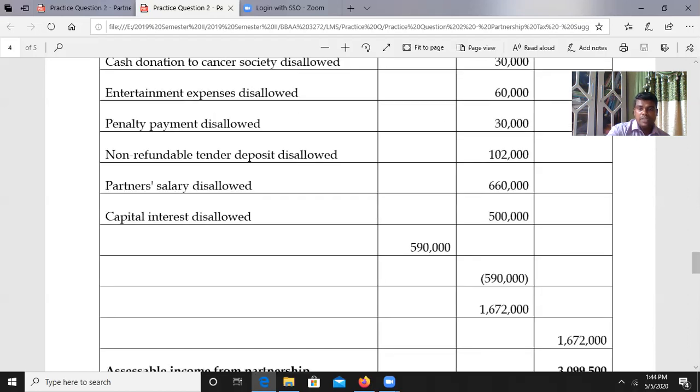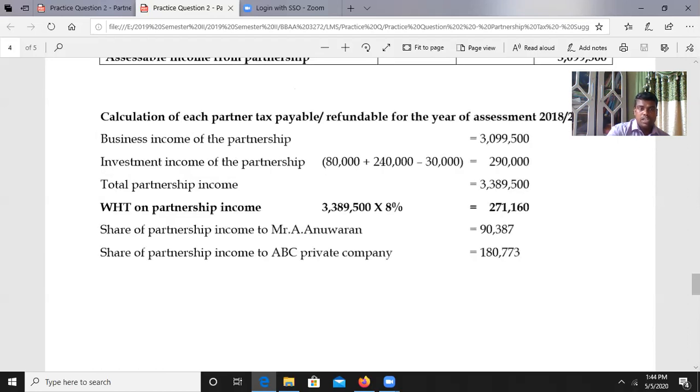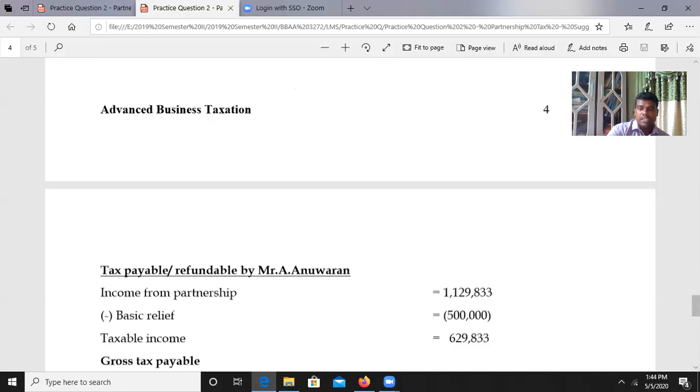Then we calculated total partnership income. After that, we calculated double GST on partnership income. Then we calculated the proportion of double GST among the partners. Then we calculated each partner's personal and corporate income tax.